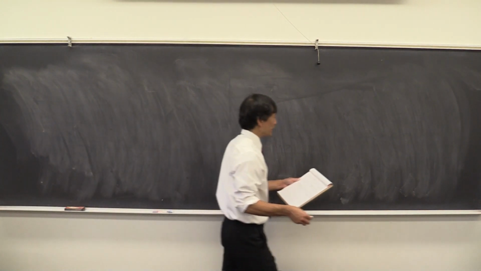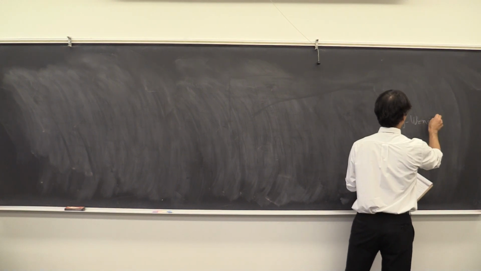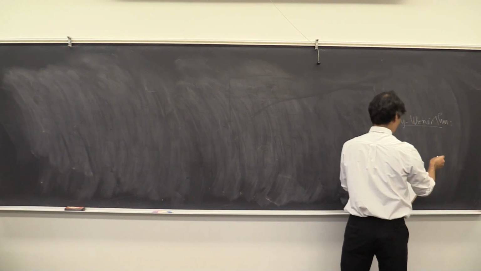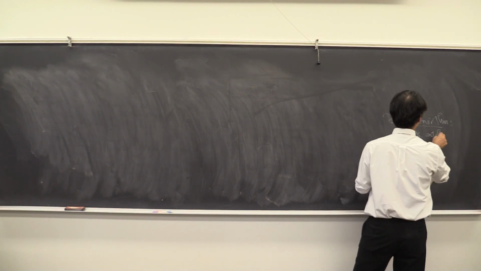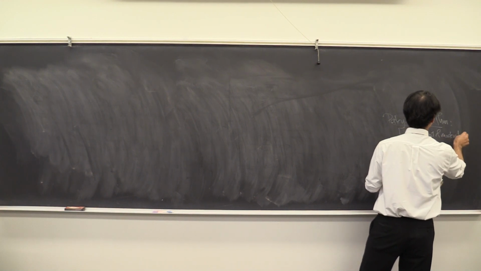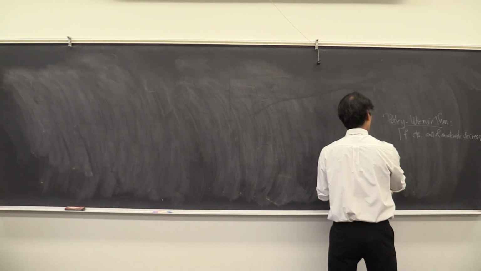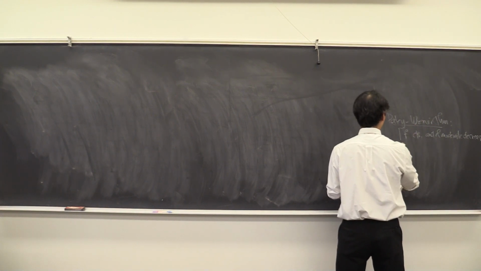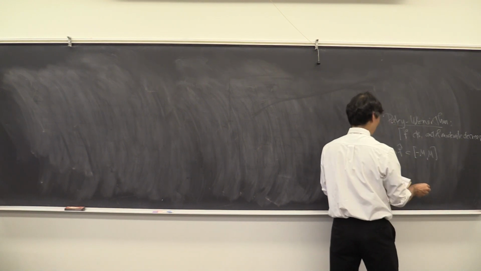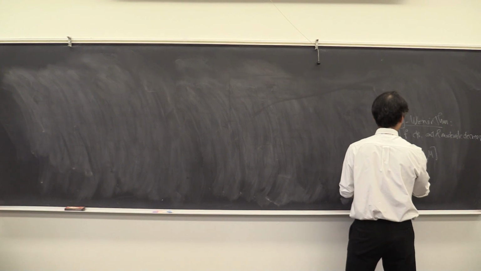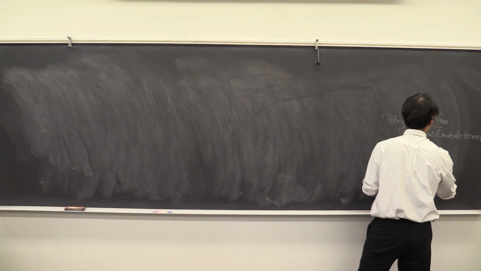Actually, let me just say it on the side here. So here's what we're heading towards, the Paley-Wiener theorem. It says, if you have a function that's continuous and of moderate decrease, then the support of the Fourier transform is contained in some interval negative M to M, if and only if f has an entire extension.